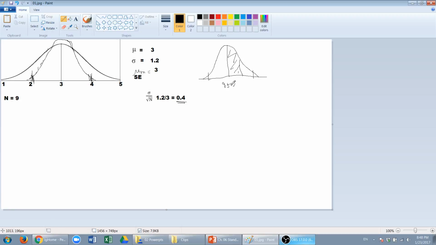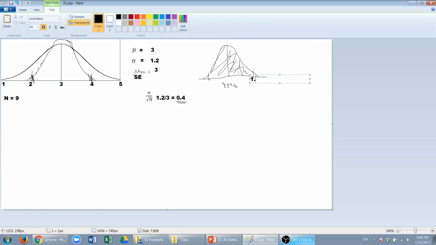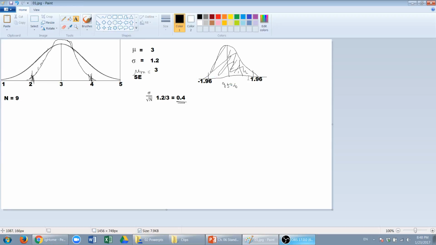If it is 95% around the mean, the z-score associated with it will be 1.96, or negative 1.96. Remember these two numbers. If you don't know what I'm talking about, you need to go back and review my previous video. So now, move back to this one.